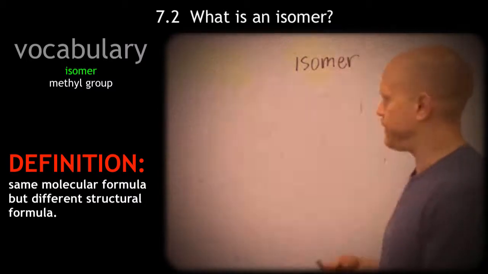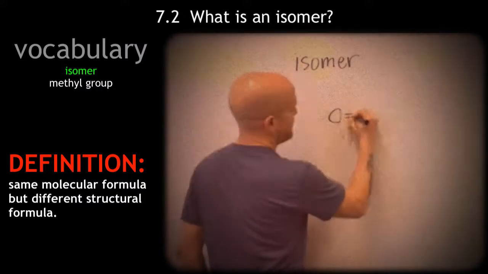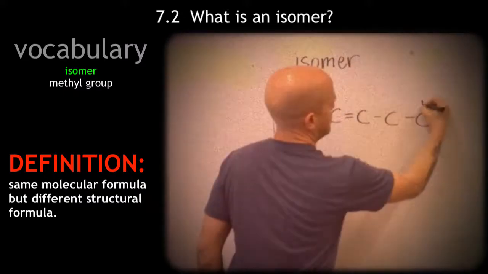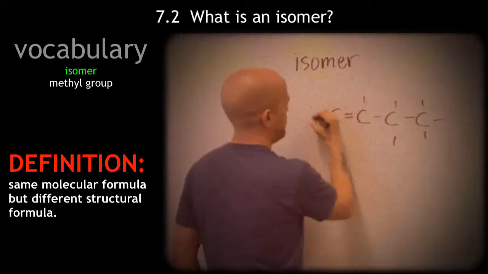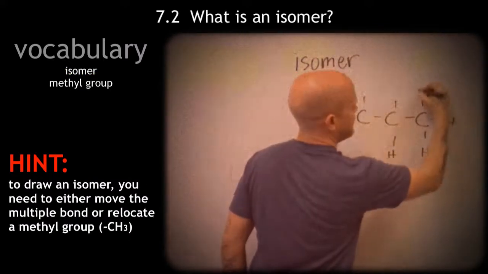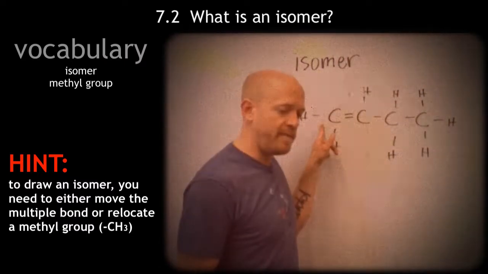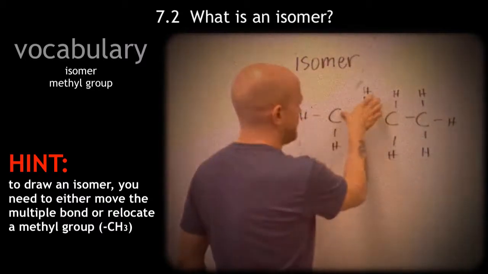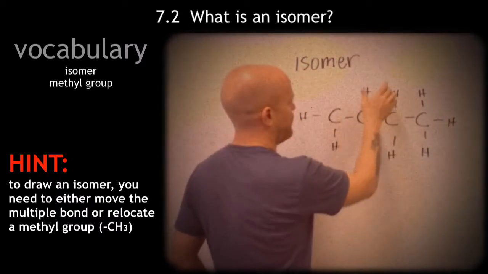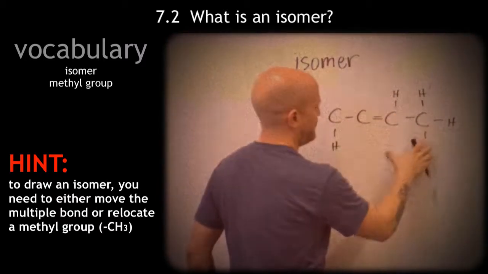Basically, I'll give you an example. Right now we have 1-butene, because remember the double bond is on carbon 1. But let's just say we took that double bond and we moved it from carbon 1 and put it onto carbon 2.